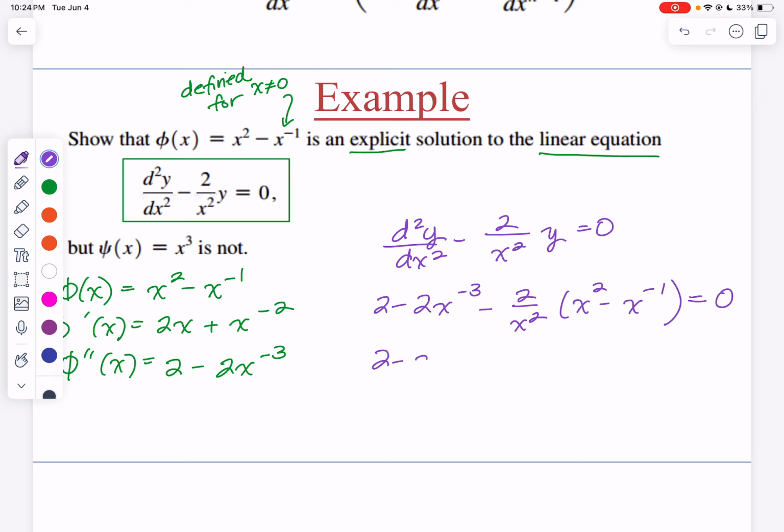So we have 2 minus 2x to the negative 3, and this would be minus 2 plus 2x to the negative 3. Okay, we're going to see if this is equal to 0. And as you can see, we have our terms cancel, and we have 0 is equal to 0.